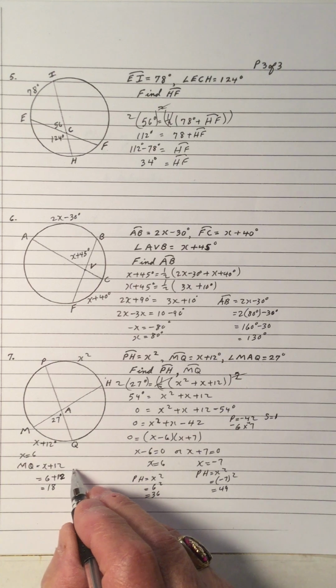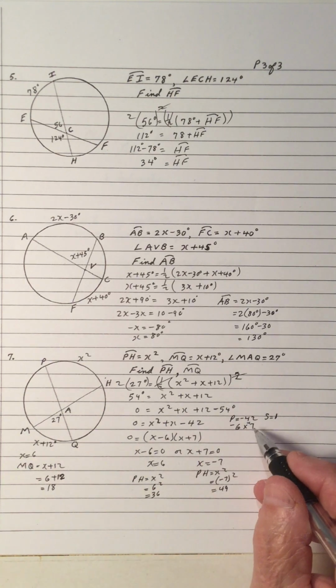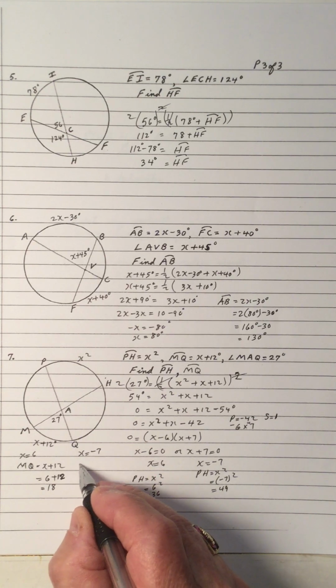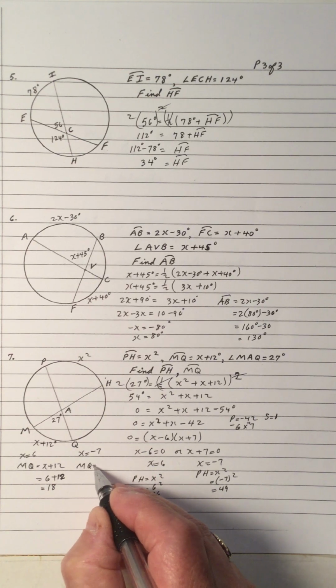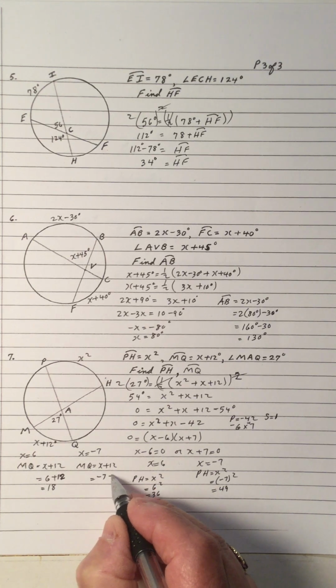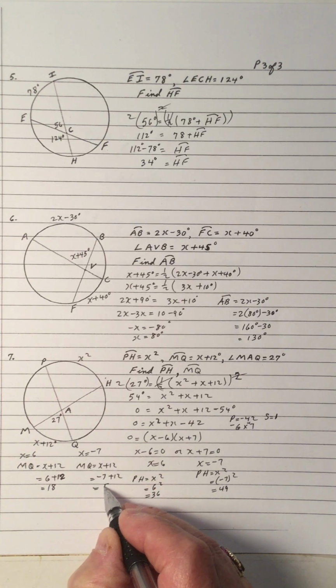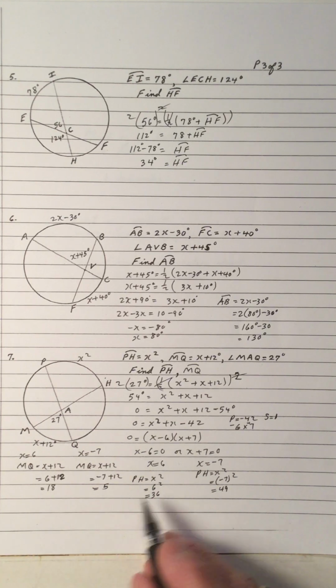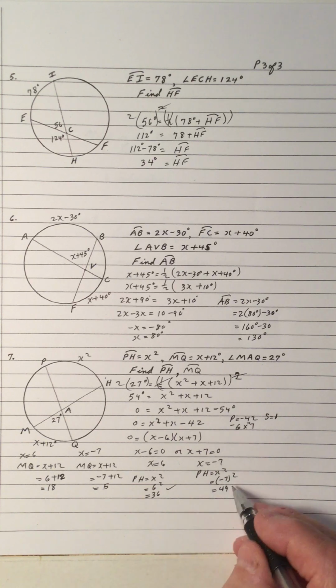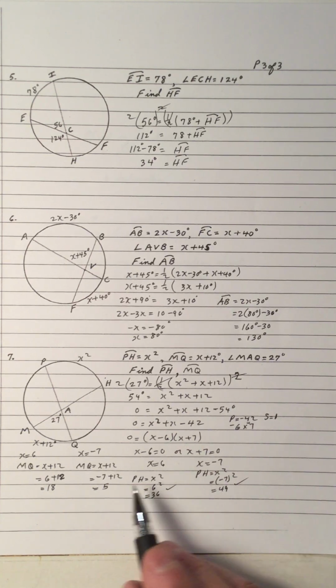And when x is negative 7, MQ is x plus 12, negative 7 plus 12. So it's 5. So we can have 36 and 18, and 49 and 5 as the measures.